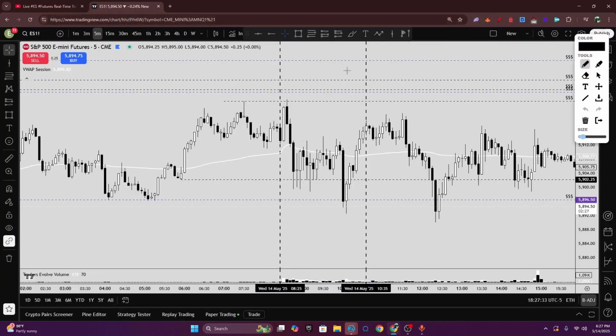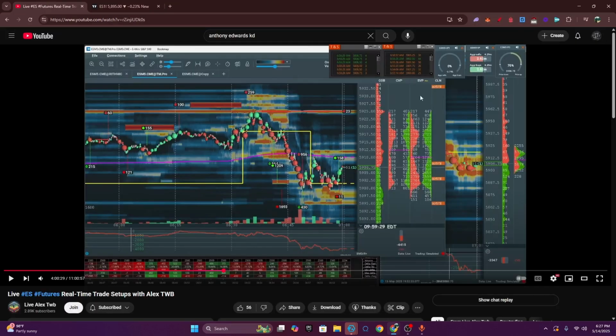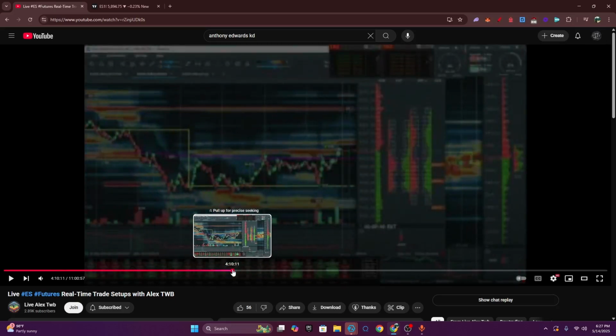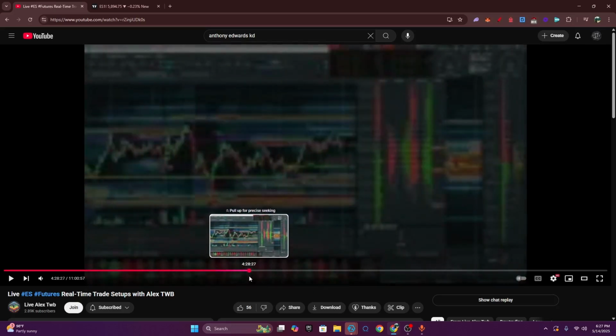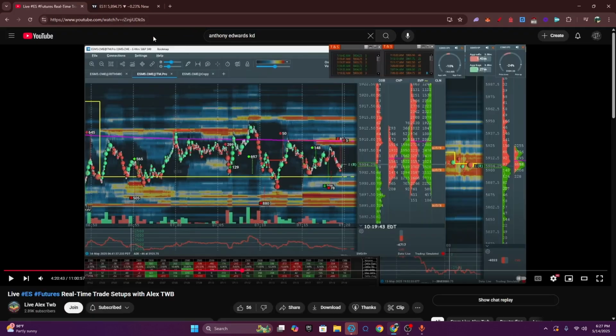Now that we've analyzed one potential trade that we could have made, let's go ahead and analyze the action that was happening here down at these lows. See when that low move ended at 9:10.